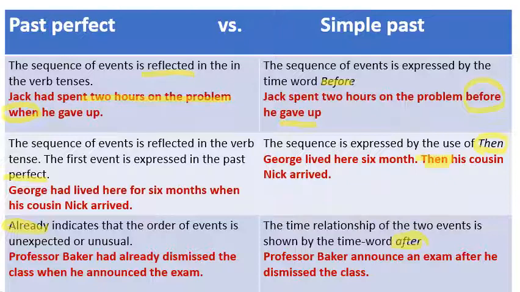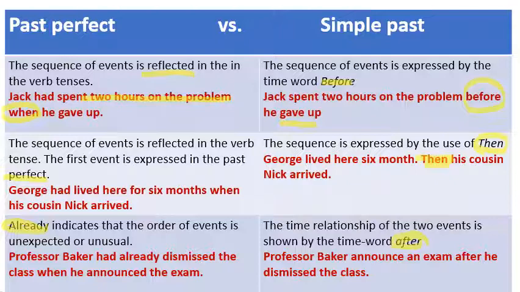However, the sequence of events, we show or indicate using the time expression, which is before. Before indicates which action happened first, whereas in the first case it is the tenses of the sentence that show the sequence of events. So here, in the second one, Jack spent 2 hours on the problem before he gave up.